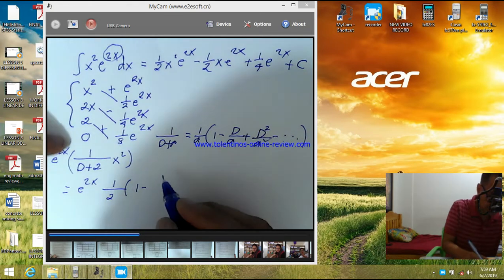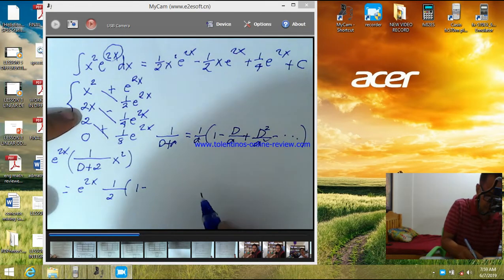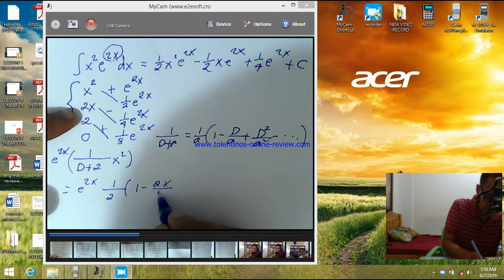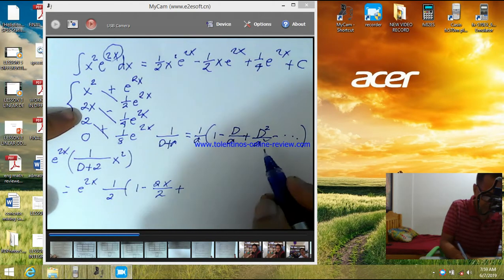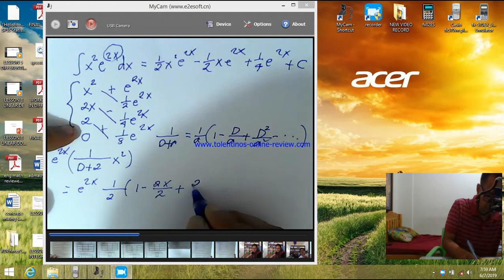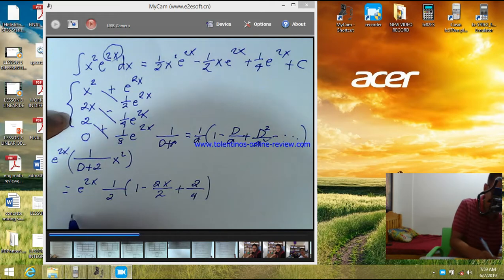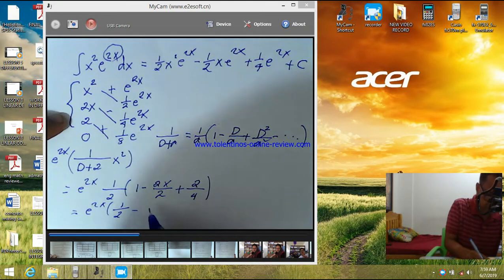So we have 1 minus the derivative of x squared, which is 2x, divided by a, which is 2, plus the second derivative, which is 2, over 2 squared, which is 4. So this will give you e to the 2x times 1/2 minus also 1/2 x plus 1/4.